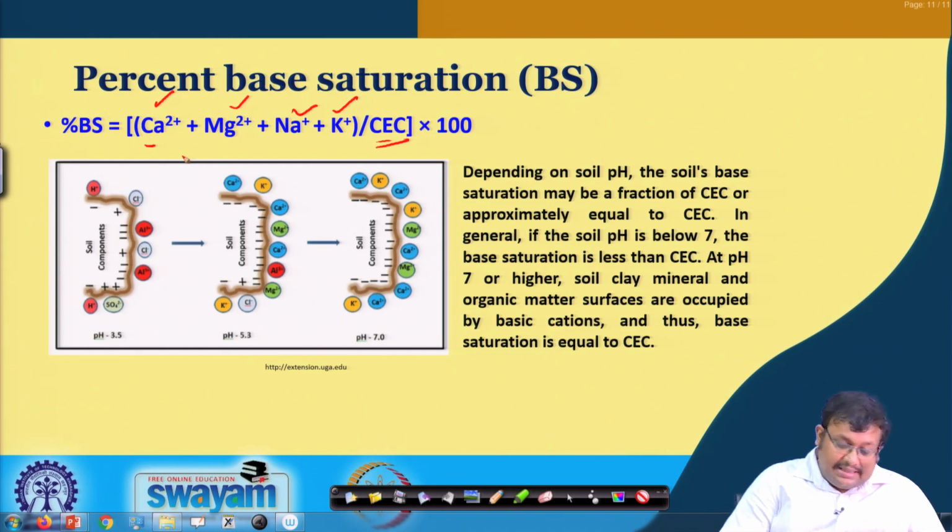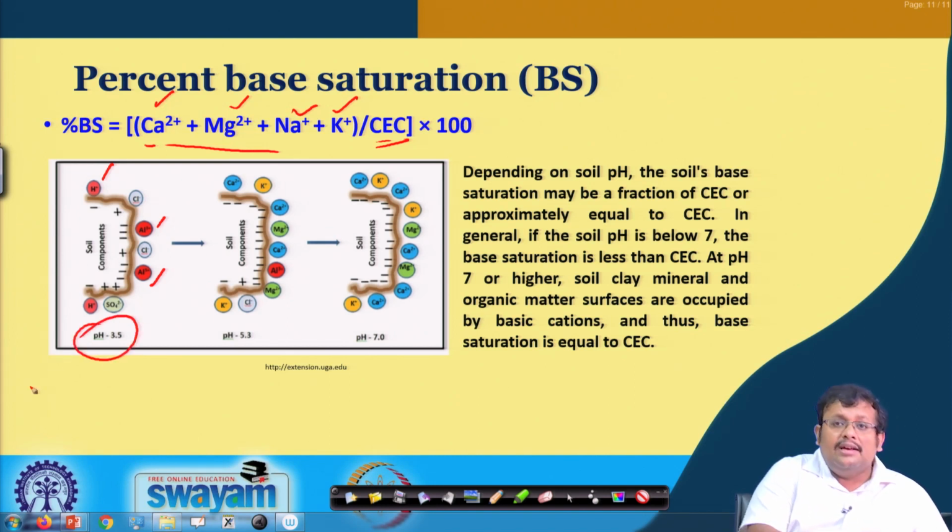Obviously, in this picture you can see in the acidic condition the exchange complex is occupied by Al3 plus as well as H plus ions, and for calculating the CEC we count not only the Al3 plus and H plus, but also calcium, magnesium, potassium, sodium, which are present in very minute amounts in this highly acidic condition. So, obviously, the percent base saturation will be very low in this condition.